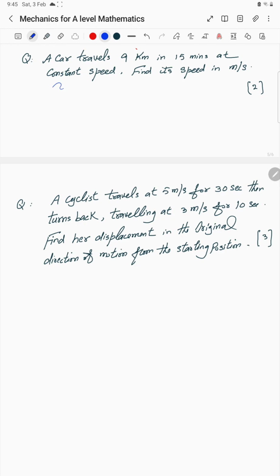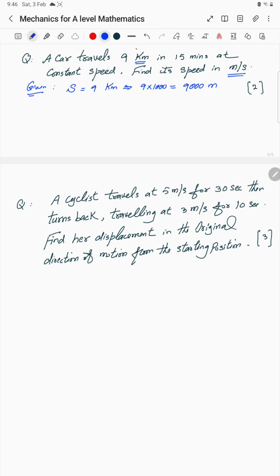You are given the following. Kilometer is the unit of distance or displacement: 9 kilometers, and in 1 kilometer we have 1000 meters, so it becomes 9 times 1000, that is 9000 meters, because the answer we need to put in meters per second.